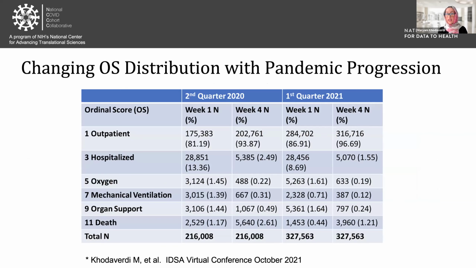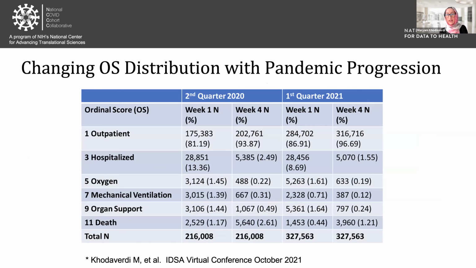Another feature of the Ordinal Scale is that we can use our OS level as input, or early stage, of our patient as well as outcome. For example, here we have week 1 as input, and then week 4 as the outcome of our patient or our cohort.